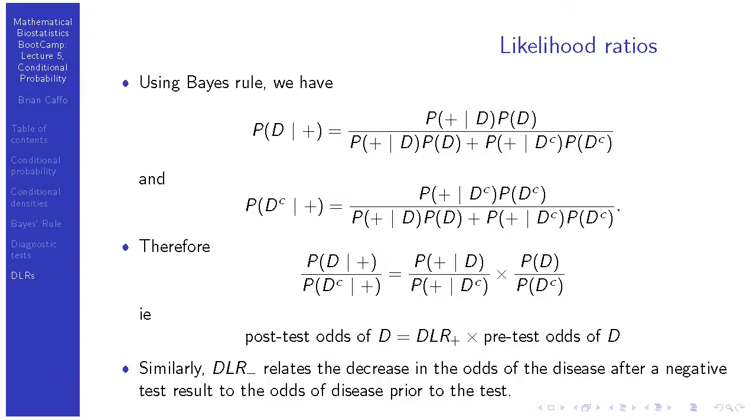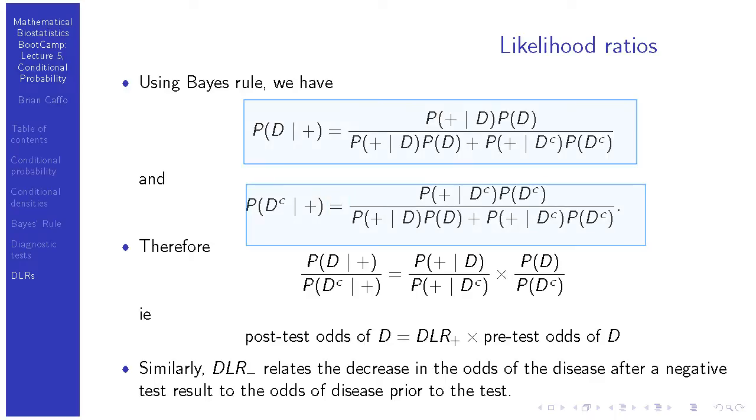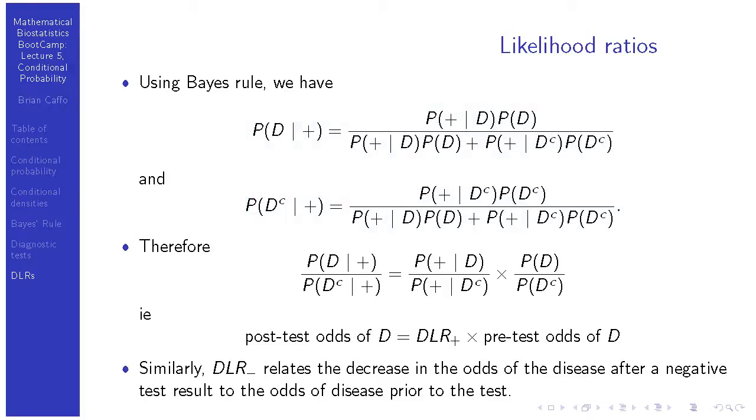So take, for example, here, the probability of having disease given a positive test result. We use Bayes' rule, and you see Bayes' formula on the right, and the probability of not having disease given the positive test result. And then we see Bayes' rule on the right for that setting. If you take these two equations and divide them, you get the following very, very nifty formula.